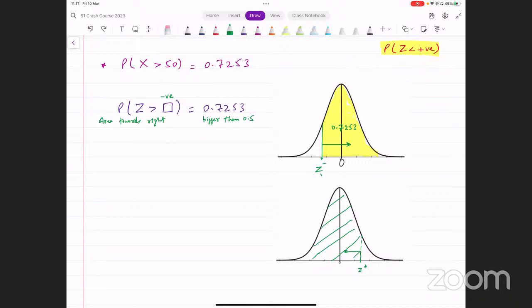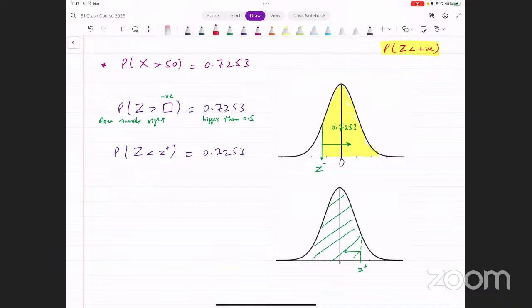If we take z on this side to this side and consider the area to the left of that value, since the curve is symmetric, the area to the left of this positive value of z is also going to be the same. So probability of z to the left of the positive value of z is 0.7253.